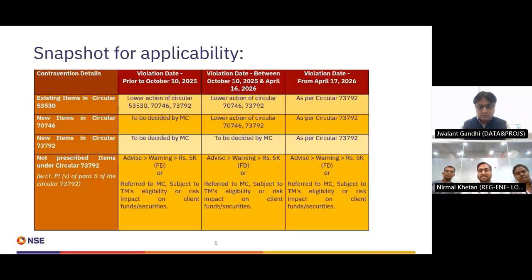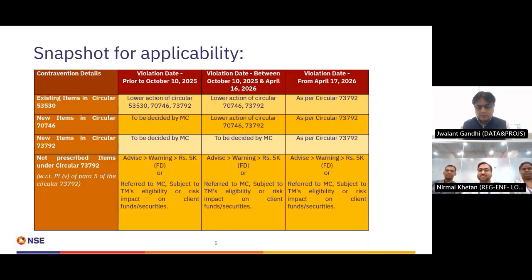And then we have a balance period of 70746 and 73792, which is October 2025 to April 2026. In such a scenario, the lower action of existing items in 53530 and 70746, and the lower action of circulars 70746 and 73792, will be applicable.